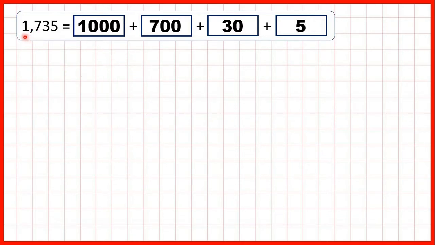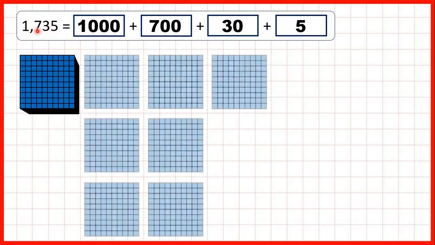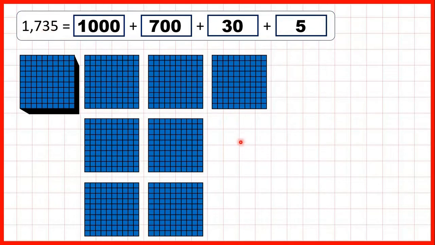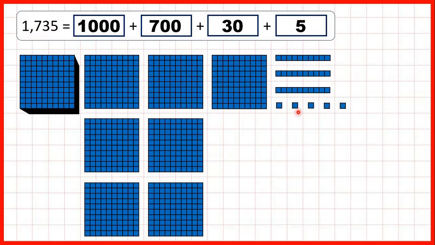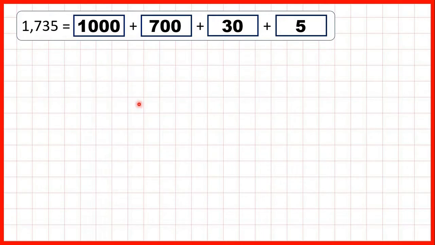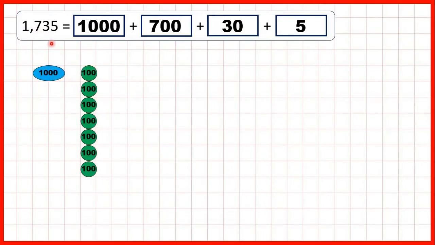Then we have the number 1,735. So that's 1,000, 7 hundreds, 3 tens, and 5 ones. Or using place value counters, we can show 1 thousand, 7 hundreds, 3 tens, and 5 ones.